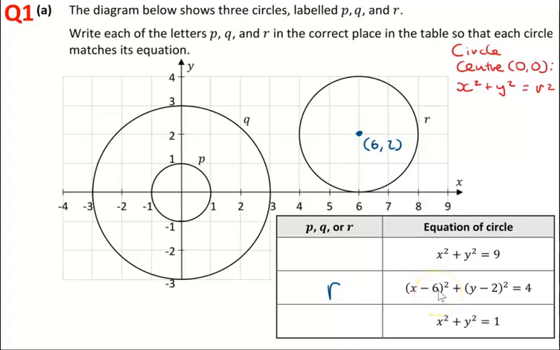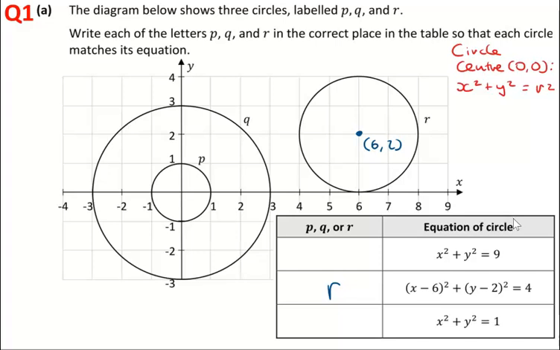The first one relates to the x and the second one relates to the y, and then just swap the signs. So if we've got minus 6 inside the bracket beside the x, then positive 6 is the x part of its center. And if we have minus 2 inside the brackets beside the y, then positive 2 is the y part of its center. And then just to be sure, we can check the radius.